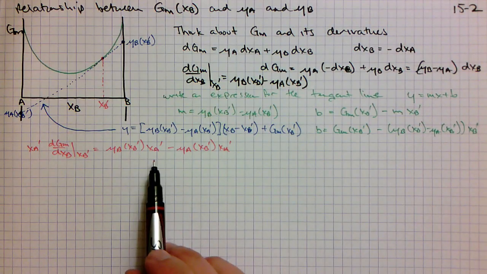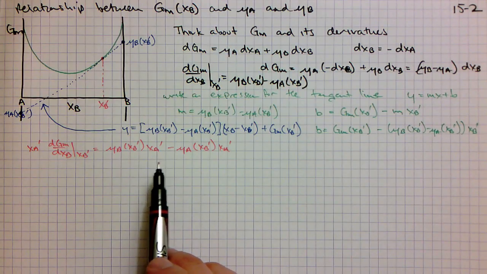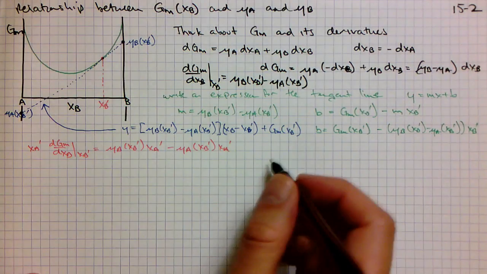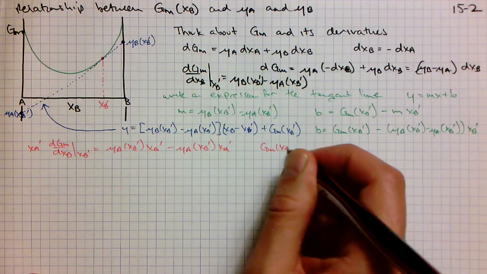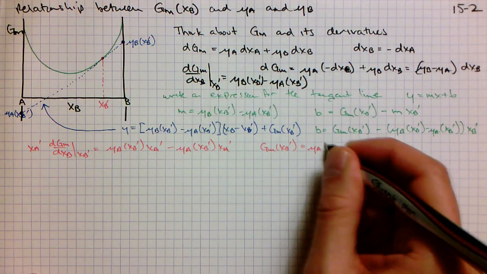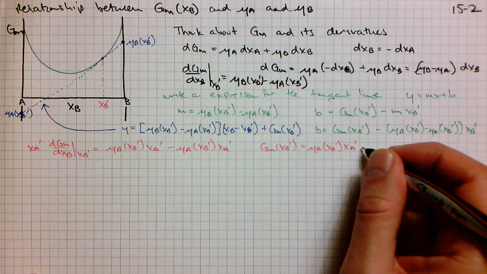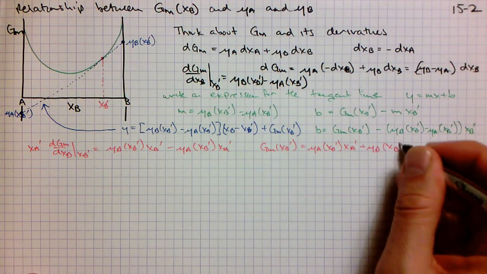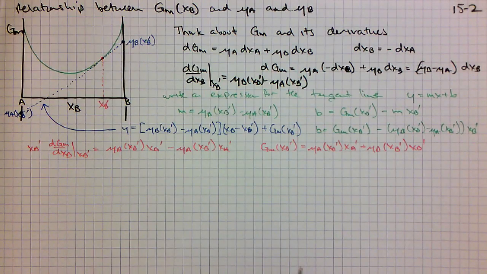And since we also know that gm at xb prime must be equal to mu a at xb prime times xa prime plus mu b at xb prime times xb prime, right?